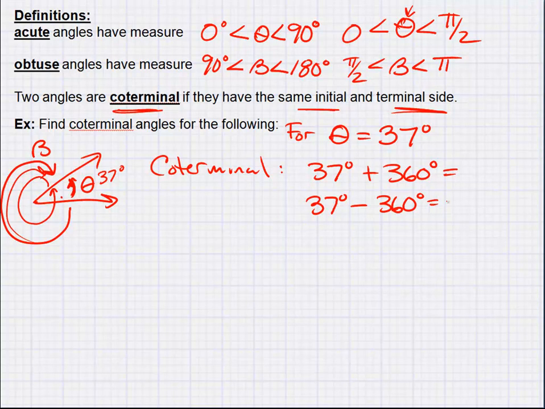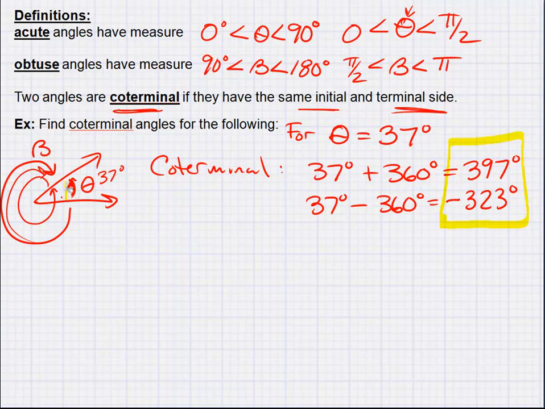So if I do that computation, I get 397 degrees, or if I do the computation for the other one, I get negative 323 degrees. And these two angles here are coterminal to 37. They end at the same location.